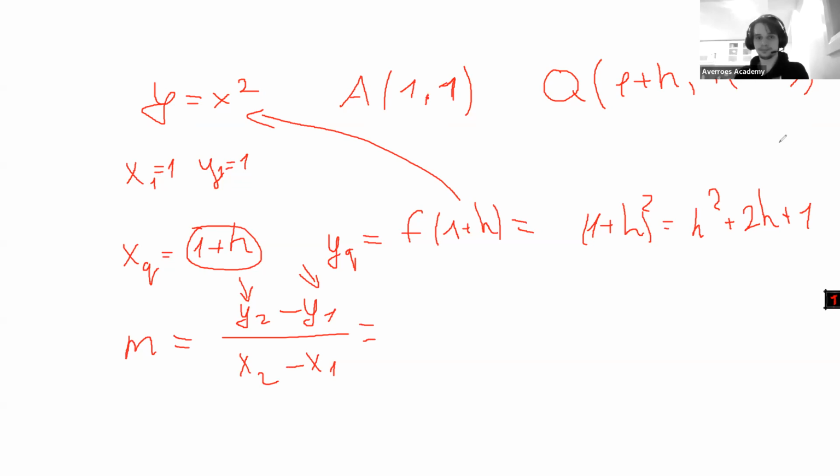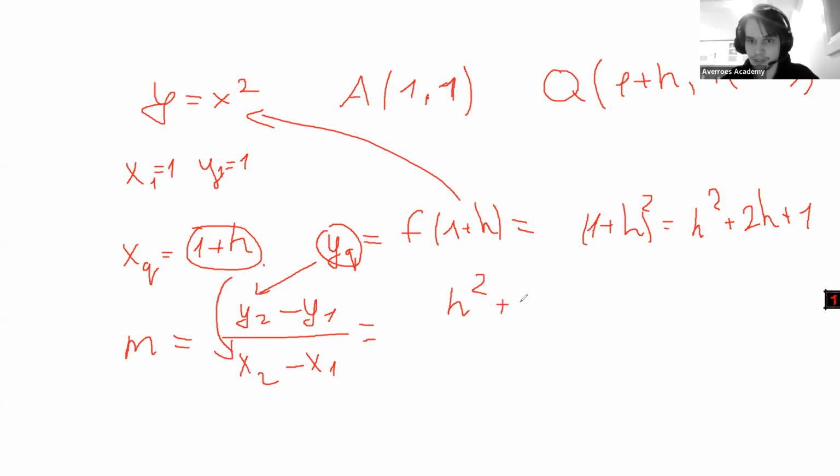You see? So we substitute the values for x2 and y2. This is the y2 that we are using, and this is the x2 that we are using.